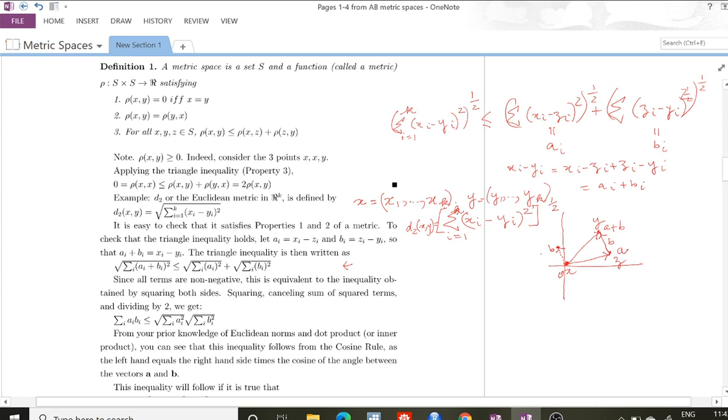and I can then interpret the left hand side of this inequality as the distance of the vector a plus b from the origin, and what's being said is that that's less than or equal to the distance of the vector a from the origin plus the distance of the vector b from the origin, right?